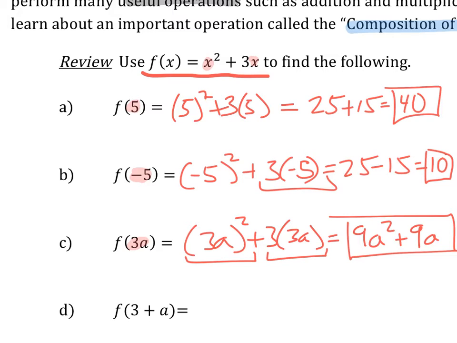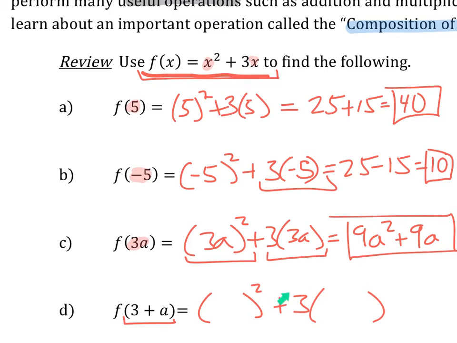All right. So how about 3 plus a? Getting even more strange here. The function says take the input and square it, and then add 3 times the input. So when we're doing this, we're going to find it really useful to write it, instead of with x's, with these empty blanks.